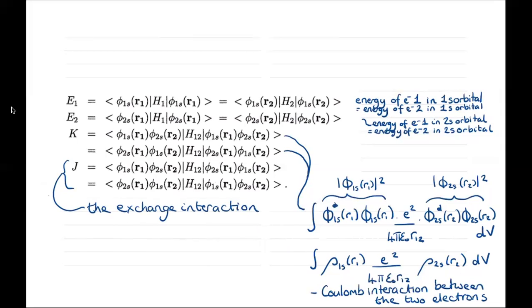And I really can't give you a better analogy of what this means, because there is no classical counterpart. It's a purely quantum mechanical interaction.